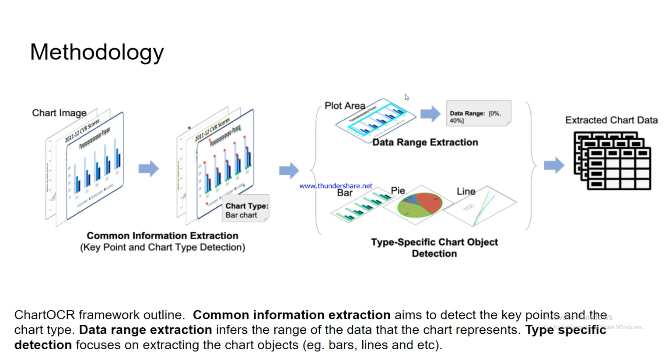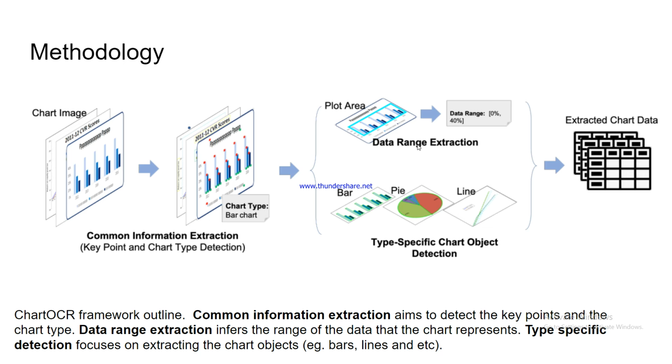Then data range extraction helps to convert the detected key points from image space to numerical readings, and the type-specific chart object detection tells which type of object it is.